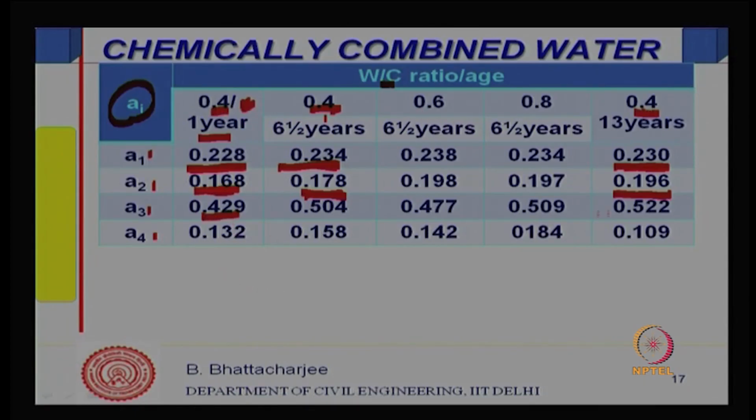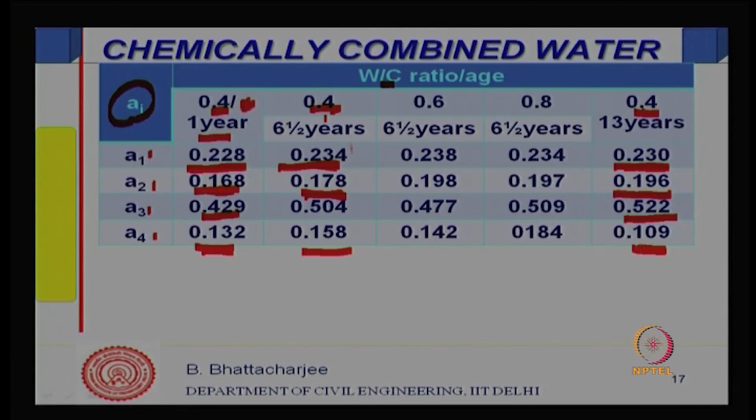Similarly, A3, you can see that in 13 years 0.522 grams of water reacted with 1 gram of C3A, and A4, that is 1 gram of C4AF reacted with 0.132 grams of water in 1 year, in 6.5 years 0.158, and 13 years it was something like this.